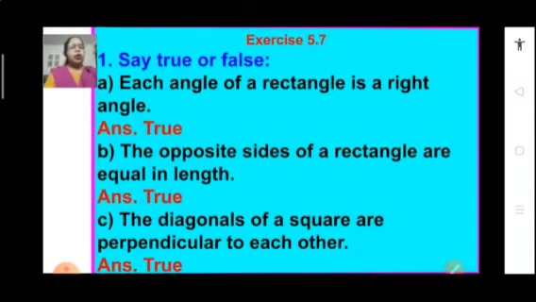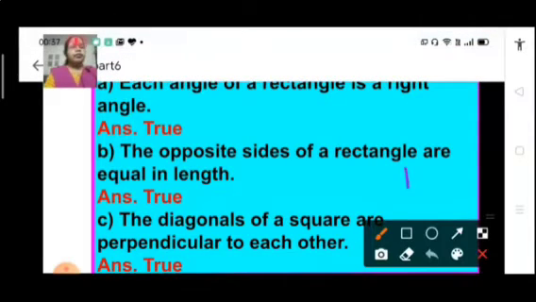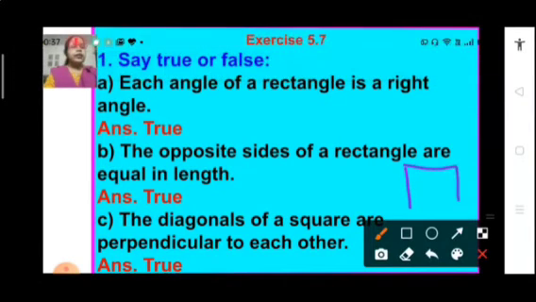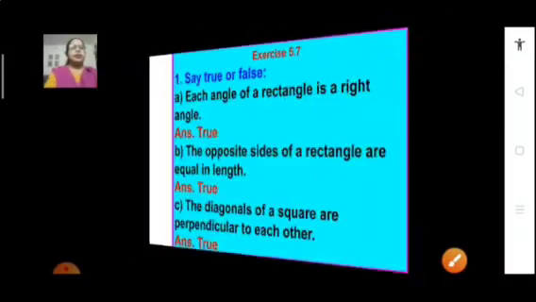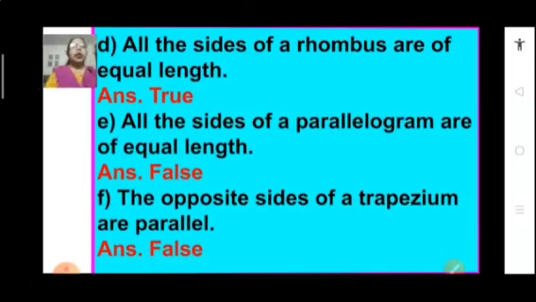If we take this as a square, then the diagonals of the square are perpendicular to each other. They form 90-degree angles. Now, D. All the sides of a rhombus are of equal length. So, yes, this is also true.